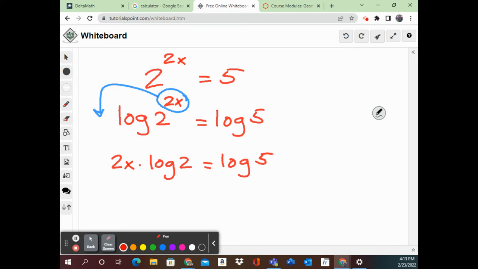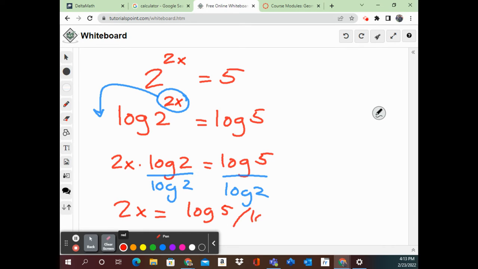So I will have 2x times log of 2 equal to log of 5. And just for reference, anytime we're taking a log of something, the base is 10, so we're changing the base totally, which allows us to work with it as a number. Now we can divide both sides by log of 2, and we'll have 2x is equal to log 5 divided by log 2.